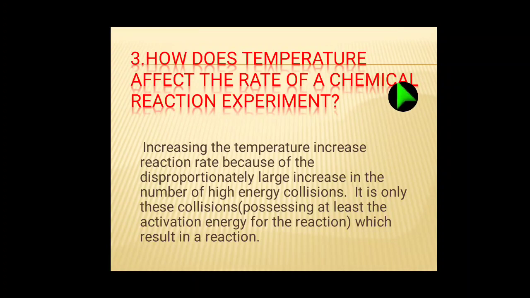Increasing the temperature increases the reaction rate because of a disproportionately large increase in the number of high energy collisions. When we increase the temperature, the number of high energy collisions also increases. It is only these collisions, possessing at least the activation energy for the reaction, which result in a reaction.